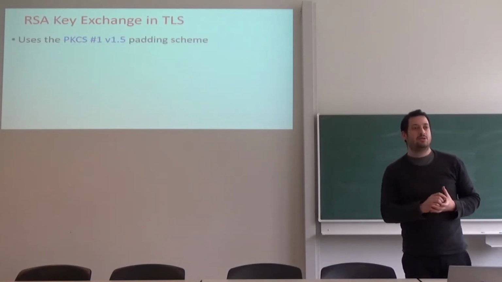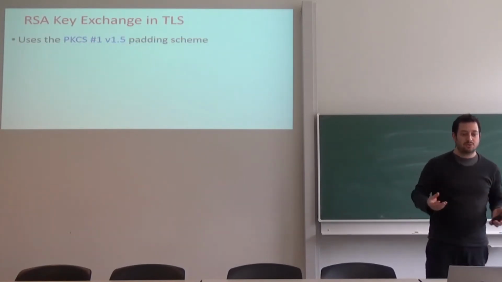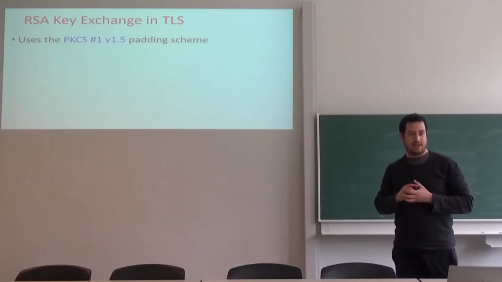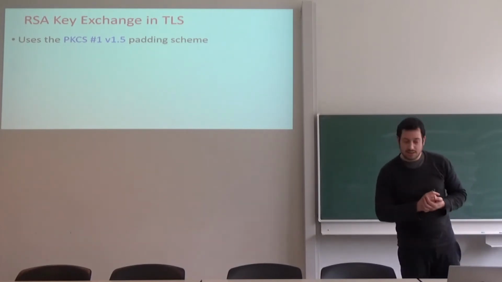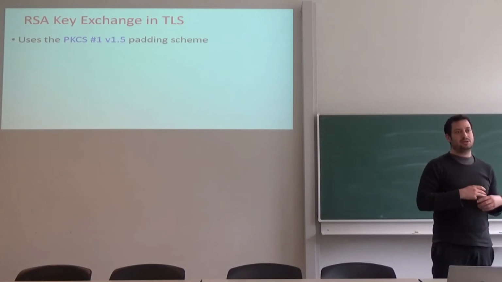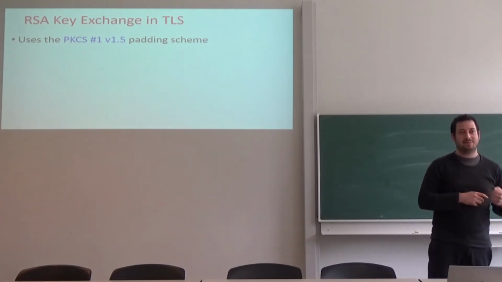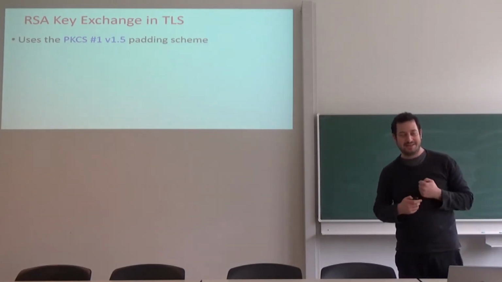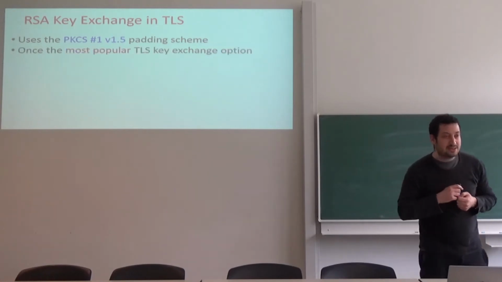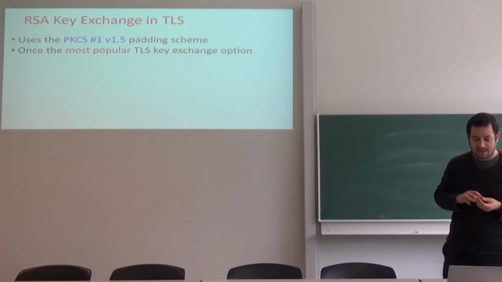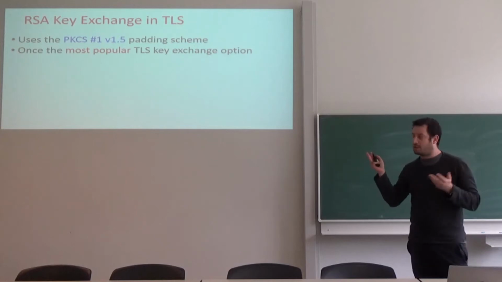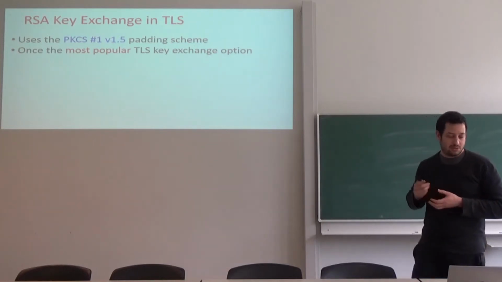Okay, so now we'll talk about a specific cipher suite, called the RSA key exchange in TLS. It uses what we call, and we'll explain shortly, the PKCS #1 version 1.5 padding scheme, and it was once the most popular TLS key exchange option. Practically 100% of TLS connections were using it.